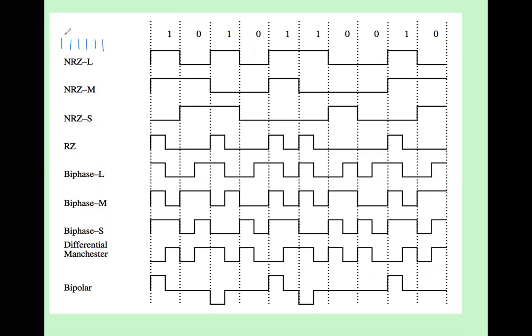So this is, for example, the time duration of the clock tick of one computer. And another computer has a clock tick duration this much. Now suppose your computer is sending data 1 1.